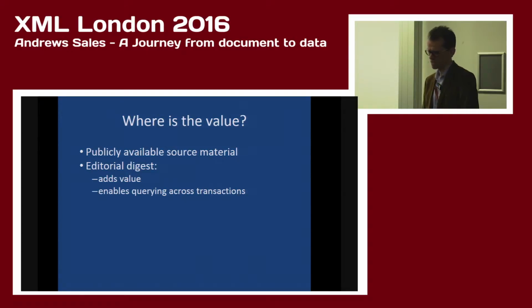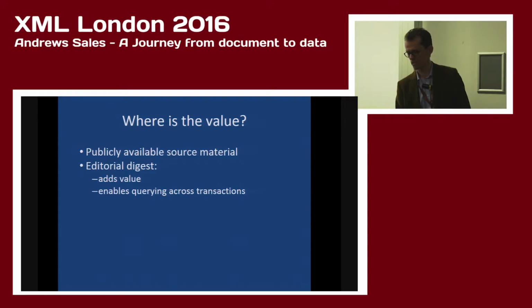So where is the value in this content? Well, the source material is mostly available in the public domain because companies have to publish it for regulatory reasons. So you could, if you wanted to, find out a lot of it yourself, but some of these documents exceed 1,000 pages in length, and that's an awful lot of reading and time-consuming.